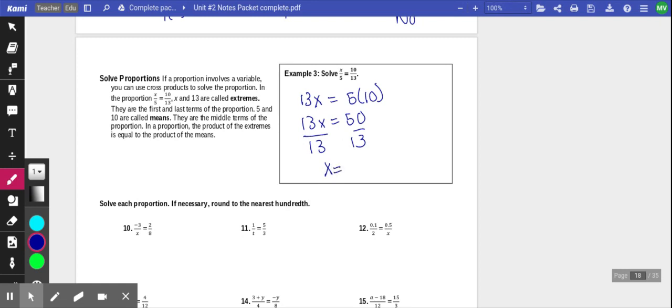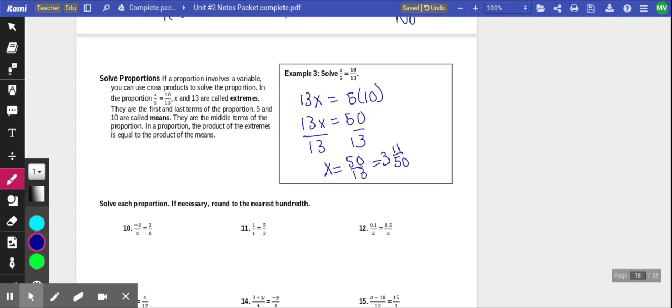And then x equals 50 over 13, which if I reduce that fraction, I get 3 and 11/50.